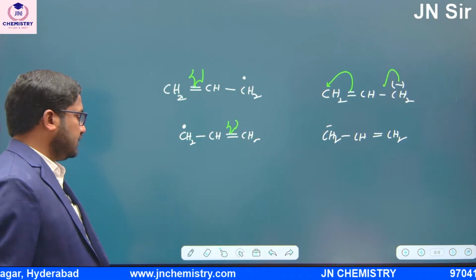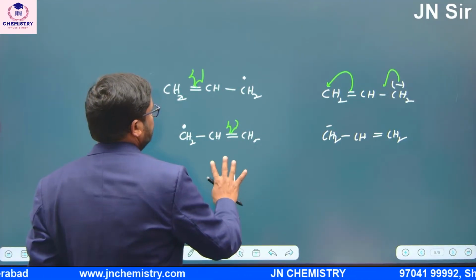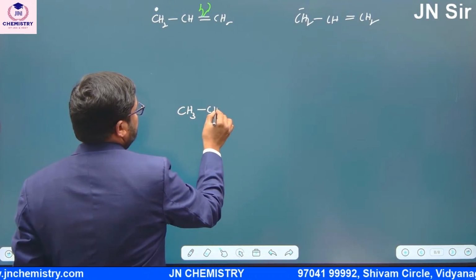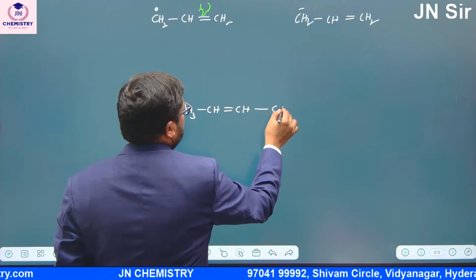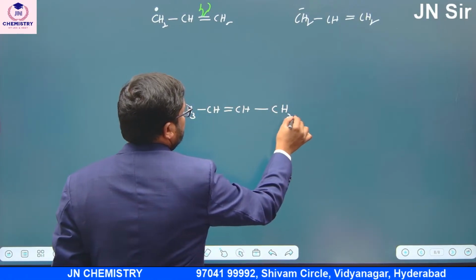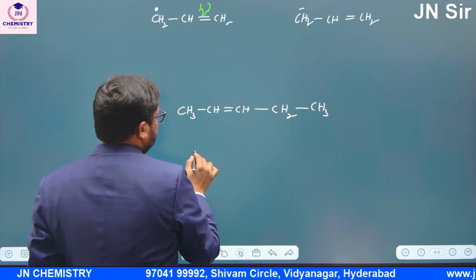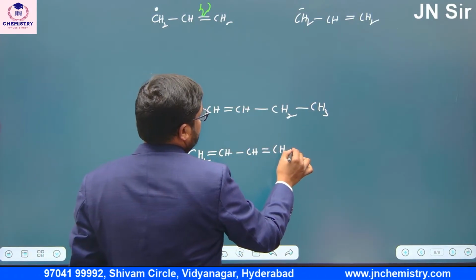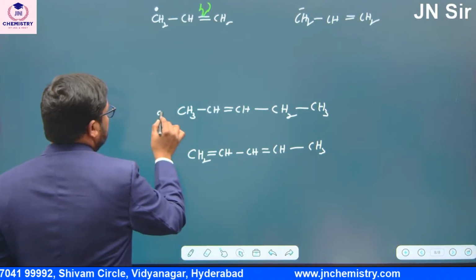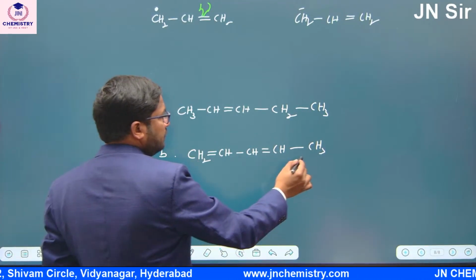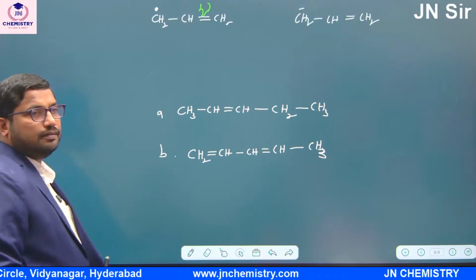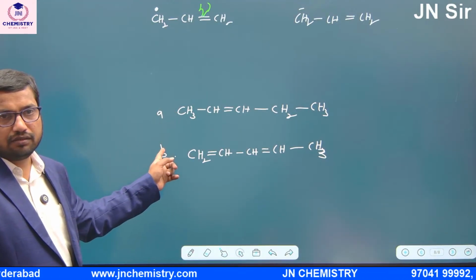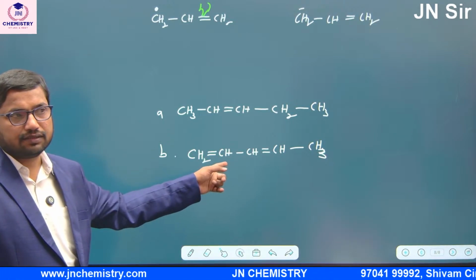For example, try to understand. In these two cases, which is more stable? B is more stable than A, because in B conjugated double bond resonance is present.